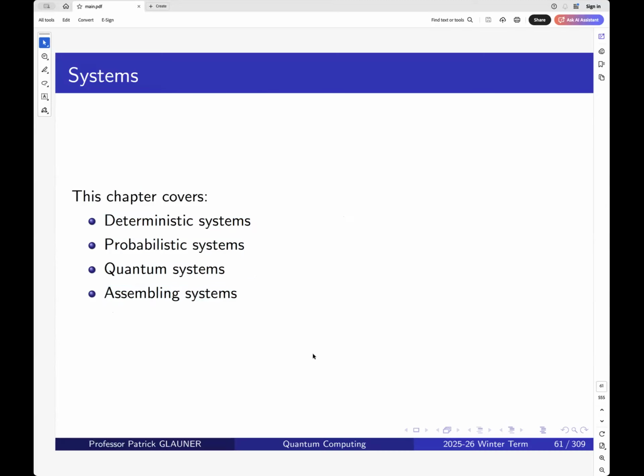Now, why is this relevant in a few weeks' time from a computational perspective? A very simple system could be just one qubit in our quantum computer, and we want to manipulate the qubit. But we could also have systems composed of multiple qubits, for which we assemble single systems into a larger one.